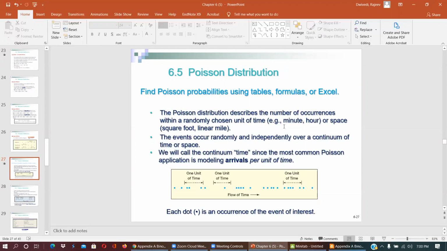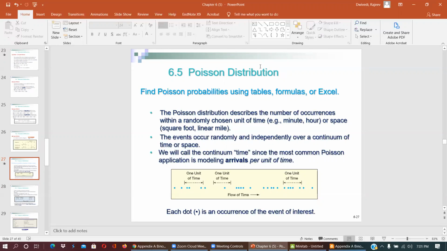Or at a bank or any store, on average 20 customers arrive at a particular time. Or at student services, on a given day, on average 20 students come or visit. Basically, if you get such a situation, we always use the Poisson distribution.